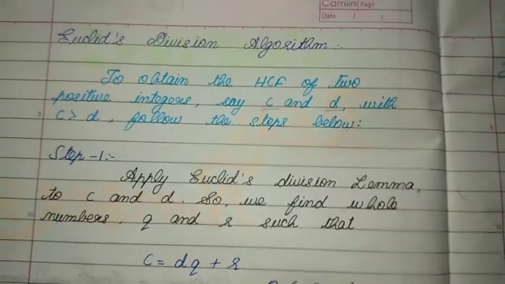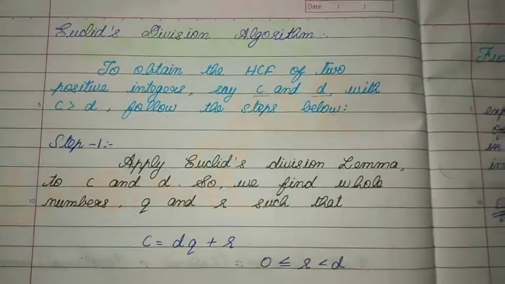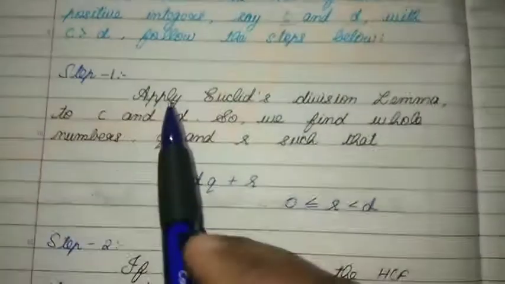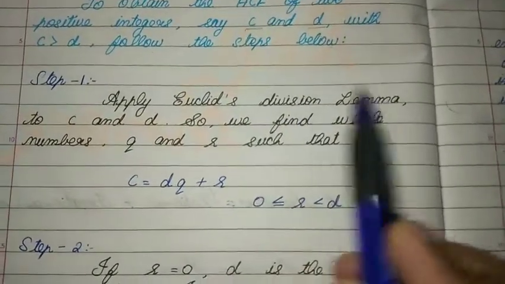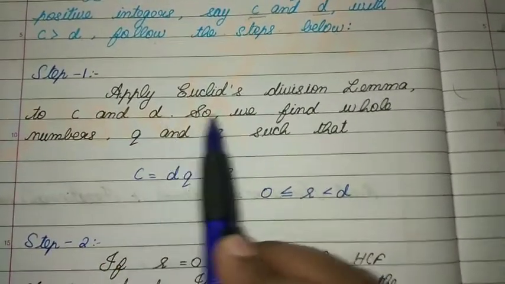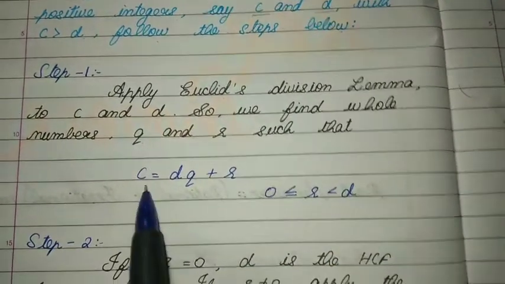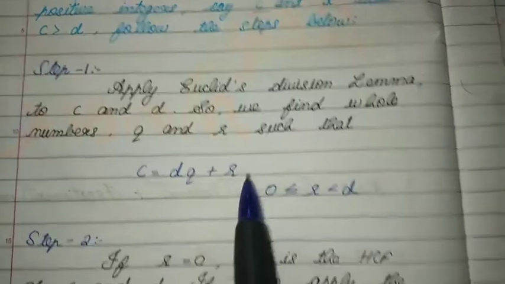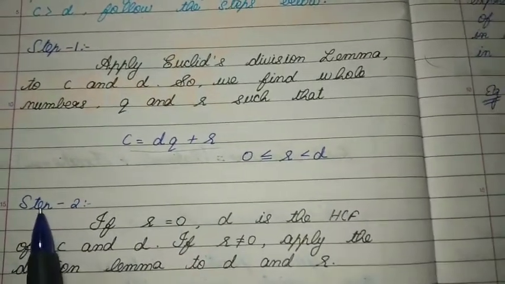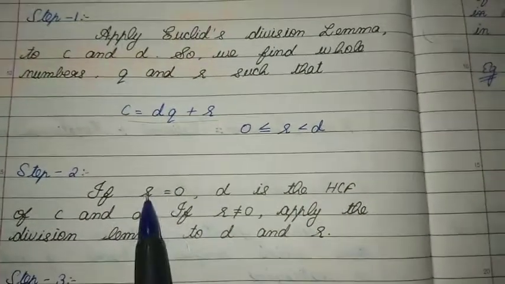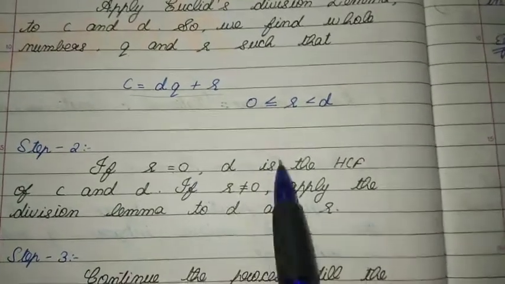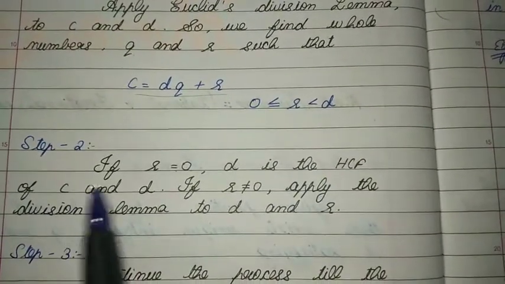As I already did an example, the same thing in words is given. Okay, so apply Euclid's division lemma to c and d. So we find whole numbers q and r such that it satisfies this equation. Okay, so step 2. If r is equal to 0, d is the HCF of c and d.